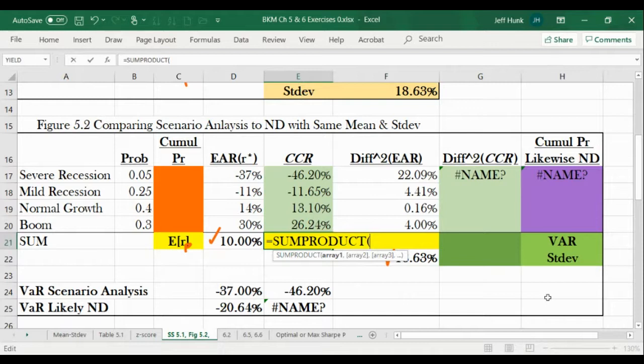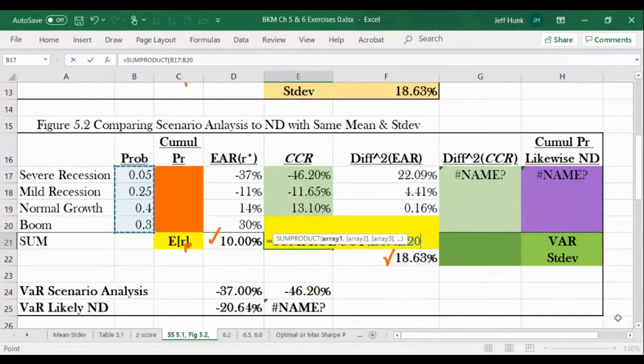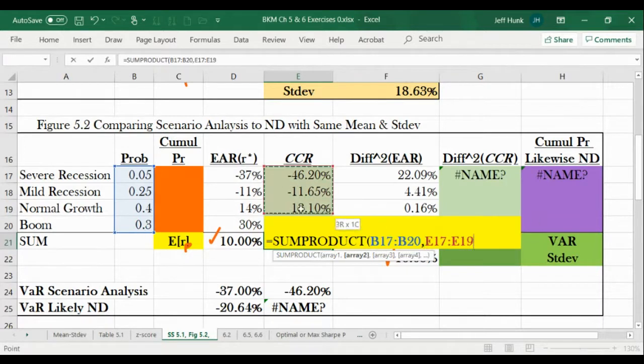You are summing all the products, which is basically a weighted average, right? So this times this is a product, and then you are summing them all. You are highlighting the probabilities column and highlighting this column, and it's going to take care of the sum product.